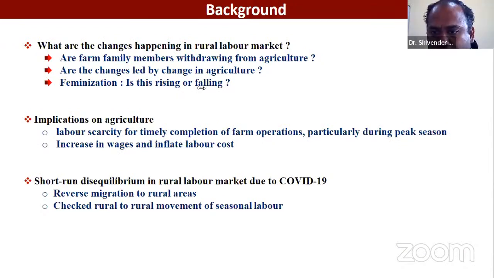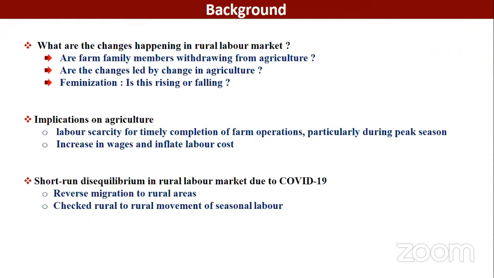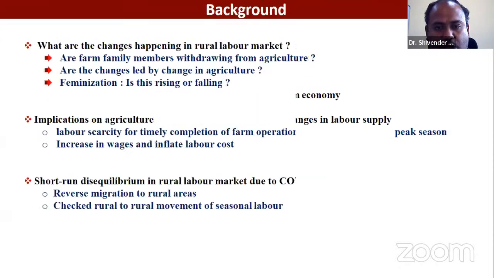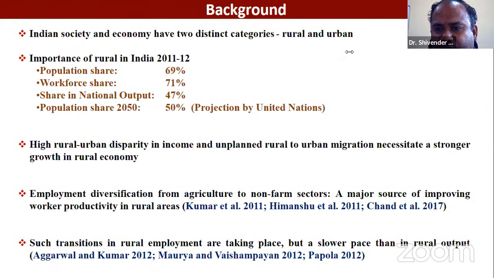Over a period of time, we are becoming more and more urban. Amenities are improving, population is being classified as urban population, infrastructure is developing, income is improving, lifestyle is changing. And so we say now we have two distinct categories, one is rural and second is urban.